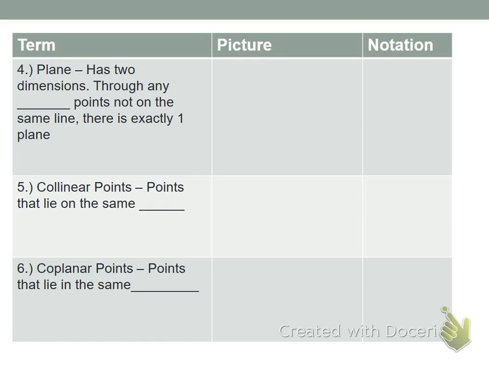A plane has 2 dimensions. It exists through any 3 points not on the same line. So through any 3 points not on the same line, there is exactly 1 plane.